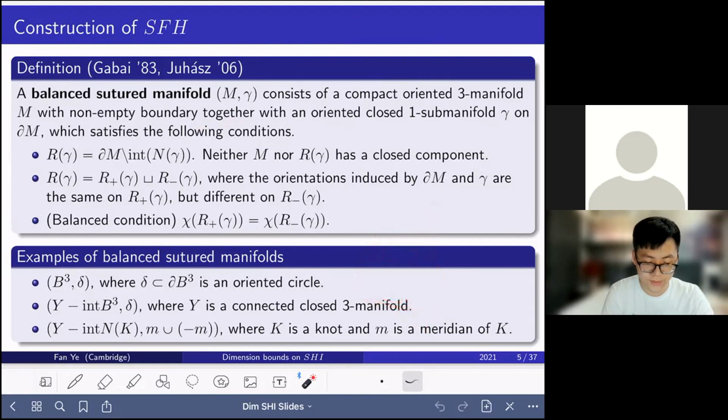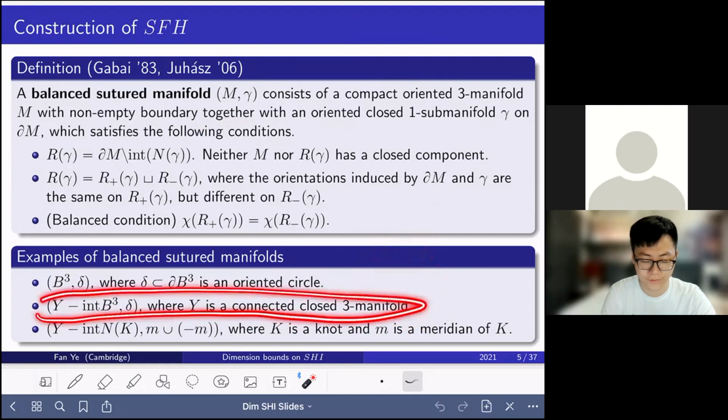Also, we can consider a closed three-manifold, and we remove a ball inside the closed three-manifold, and still we just put a simple closed curve on the ball, and then we also get a balanced suture manifold.